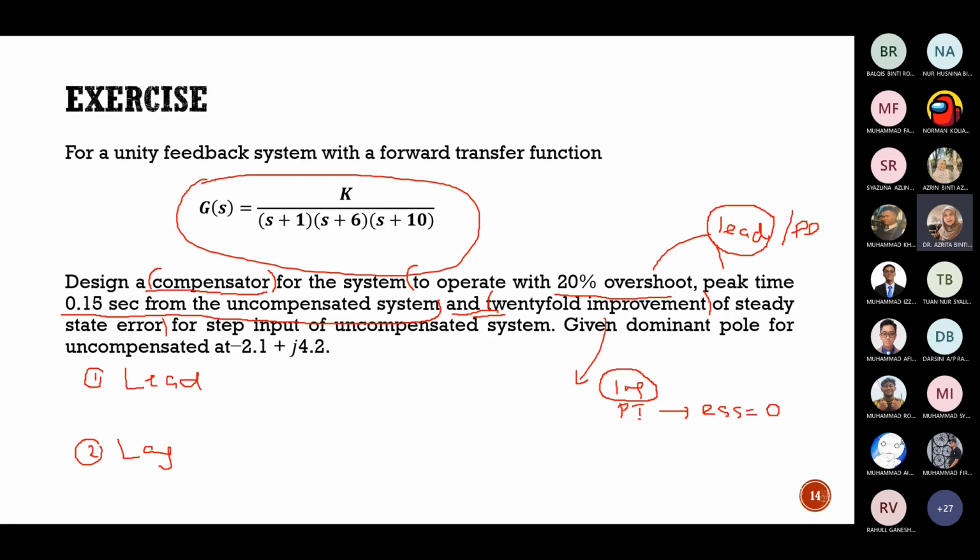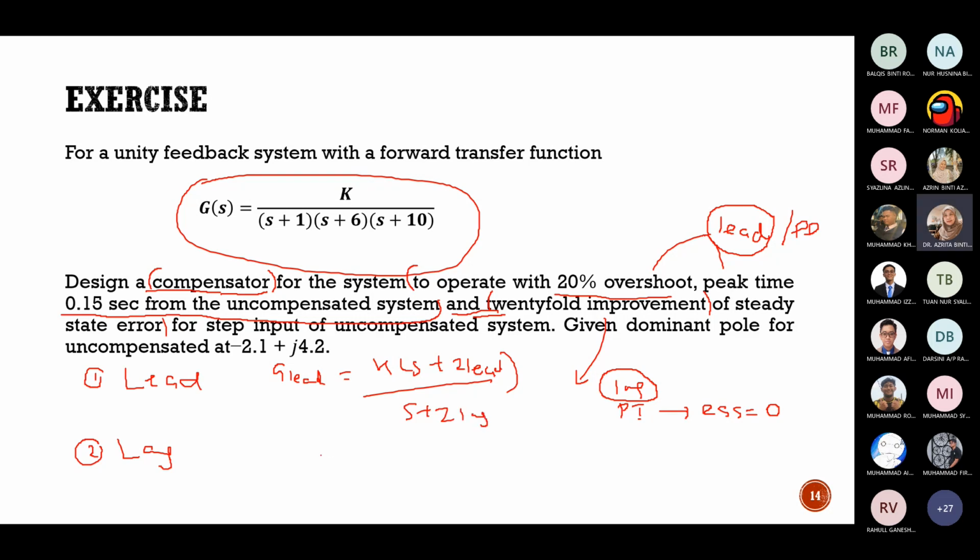The transfer function for the lead compensator is given by G lead equal to K (s plus Z lead) over (s plus P lead).